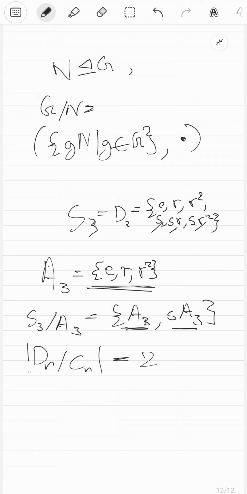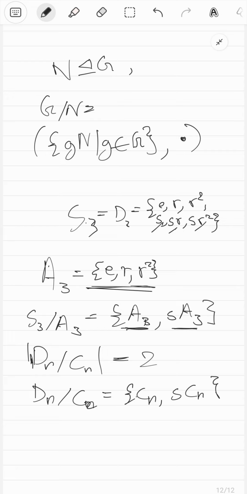So Dn is the dihedral group over some n-gon, and Cn is just the rotations essentially. So that quotient is once again just Cn and SCn. And this is a general thing, obviously.